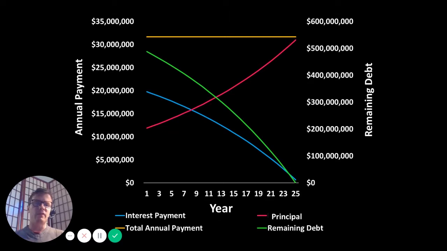And so they're making that every year for 25 years to pay off a $500 million debt. And you can see that the remaining debt, which is shown in green, gets paid off gradually, and the portion of their annual mortgage payment that is principal and interest changes over time. So it starts out mostly being interest, and then towards the end of the lifetime of the loan, that mortgage payment is mostly principal being paid off.